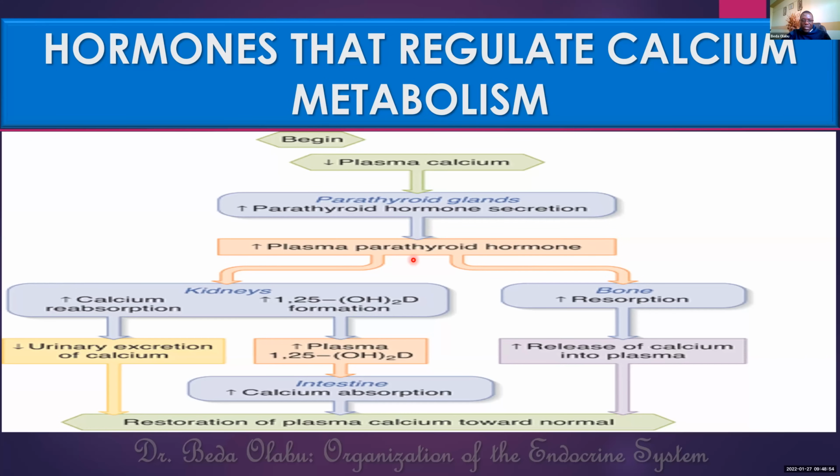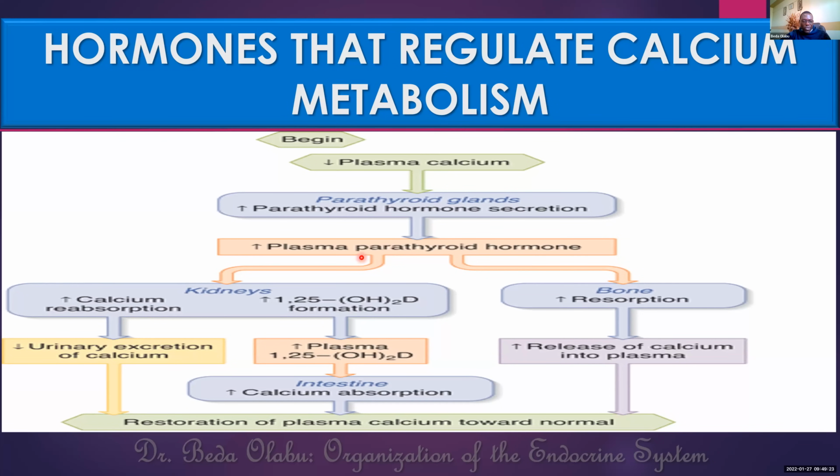Once we have the parathyroid hormone in the circulation, it will act on bone to promote bone resorption. So if there is bone resorption, it means that calcium will be released from bone to the plasma, and that will help to restore the low levels to normal.